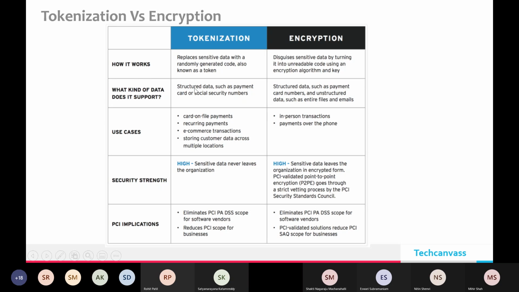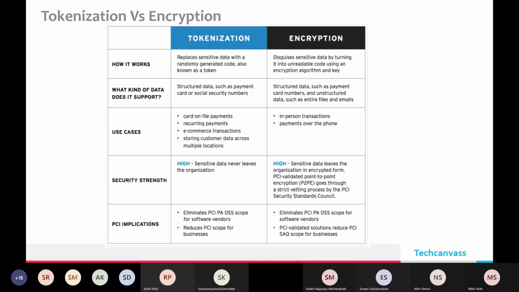Tokenization gives only structured data such as payment card or social security numbers, whereas encryption can be used for both structured and unstructured data. For example, if I'm sending an email, I cannot use the tokenization methodology.